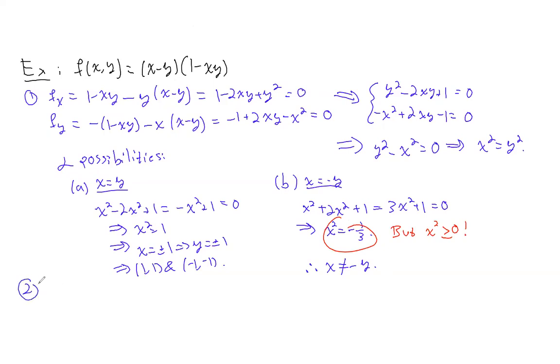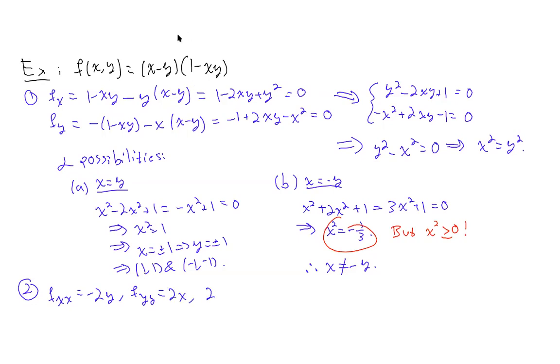Now let's classify them. fxx, in this case, becomes negative 2y, fyy becomes 2x.